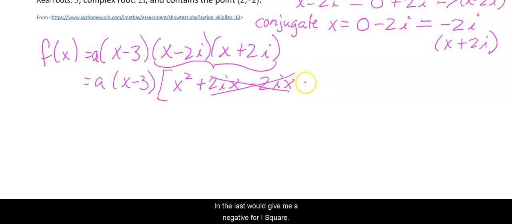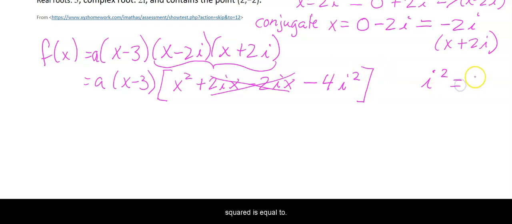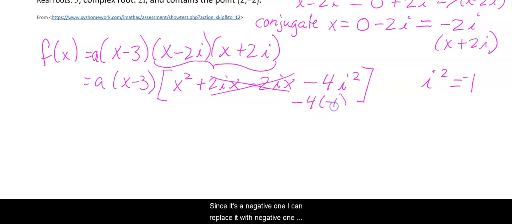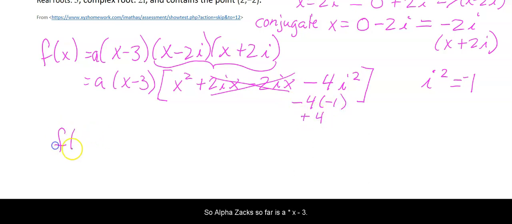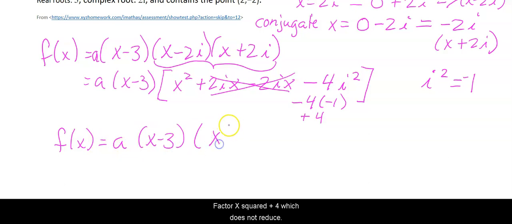Then the last would give me a negative 4i squared. If you remember, however, from earlier in the semester, i squared is equal to a negative 1. Since it's a negative 1, I can replace it with negative 1, and that will give me plus 4. So f of x so far is a times x minus 3 times the factor x squared plus 4, which does not reduce.